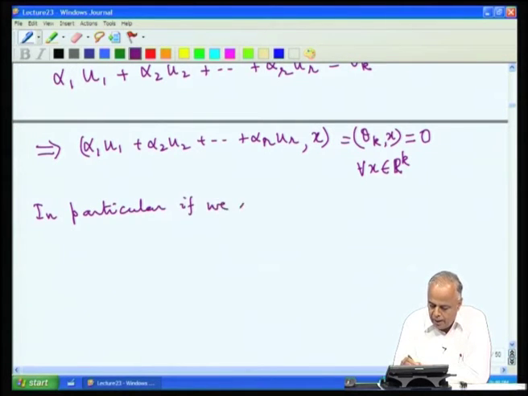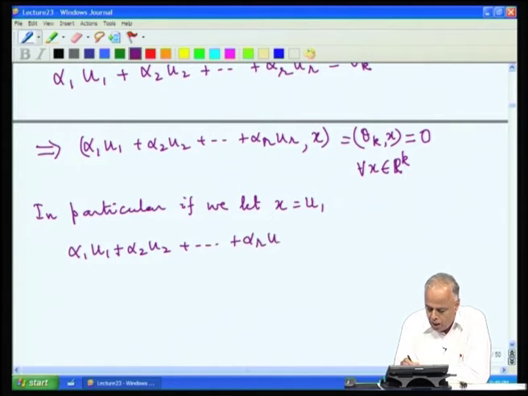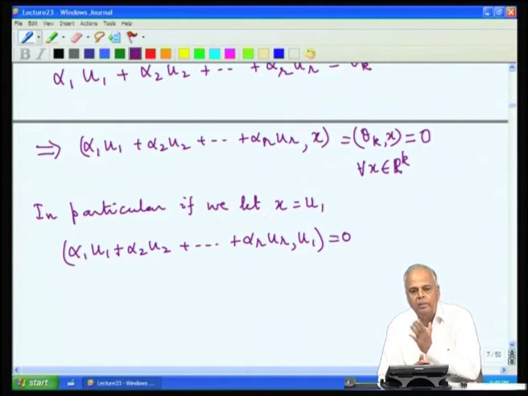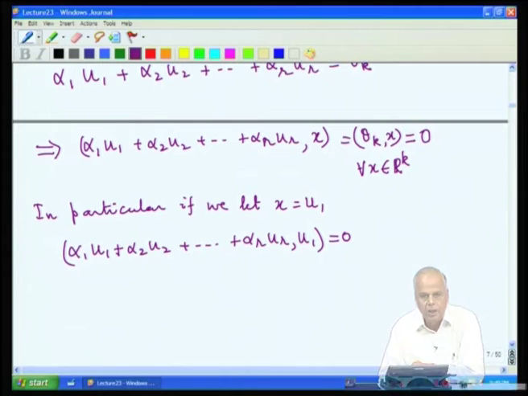Now, in particular, if we let x equal u1, what do we get? We get that the inner product of alpha1 u1 + alpha2 u2 + ... + alphar ur with u1 must be equal to 0, because this inner product is 0 whatever x I take. In particular, I have taken x equal to u1.